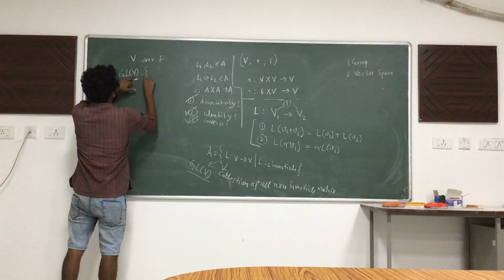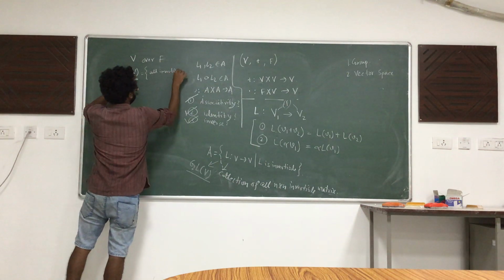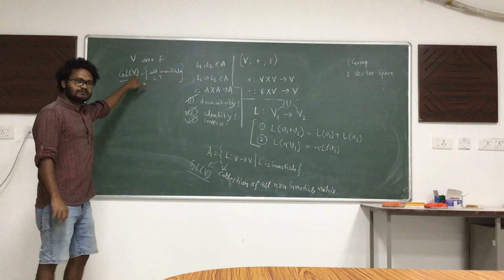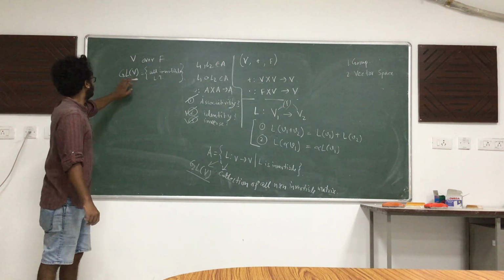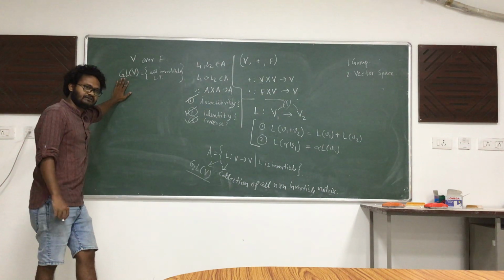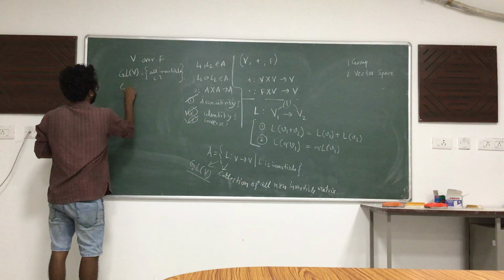GLV is the collection of all invertible linear transformations from V to V. Then GLV has a group structure under the composition operator.